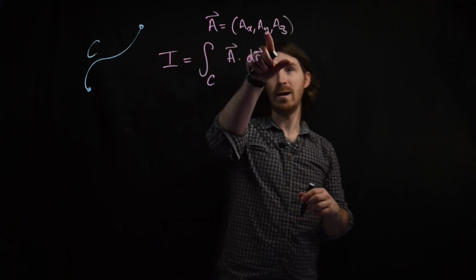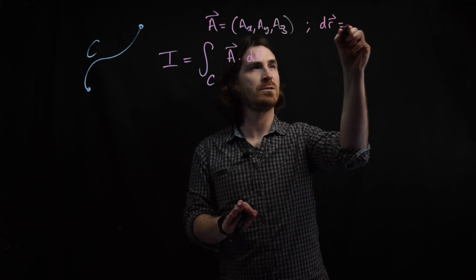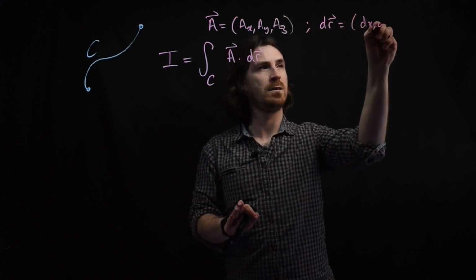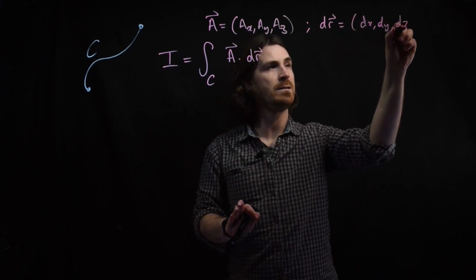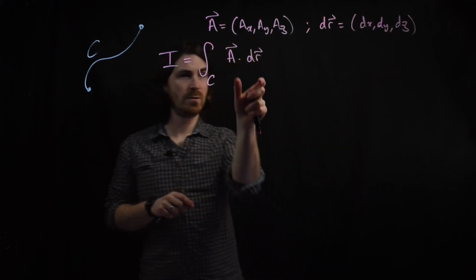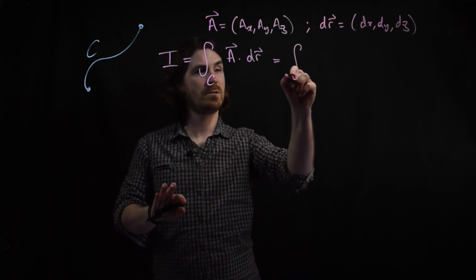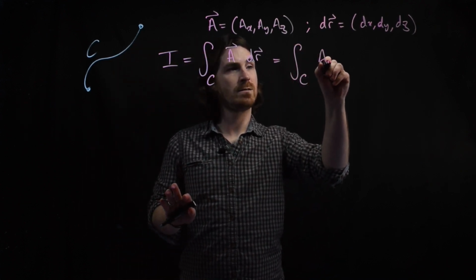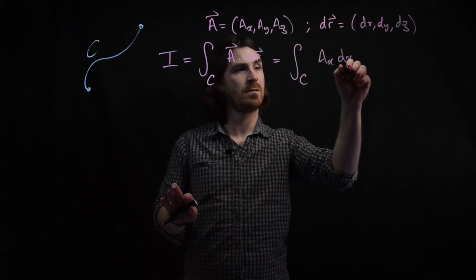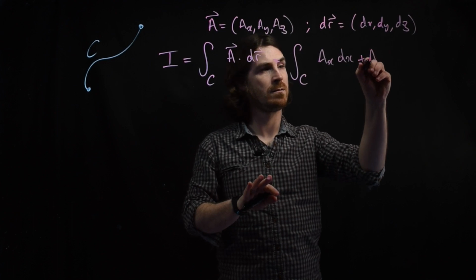A is given in components like this, dr is just dx, dy, and dz. Vector and a vector, so this is just the dot product of two vectors. So this is just ax dx plus ay dy plus az dz.